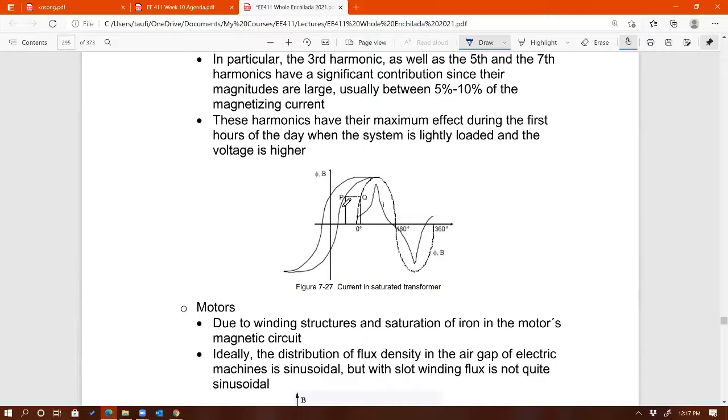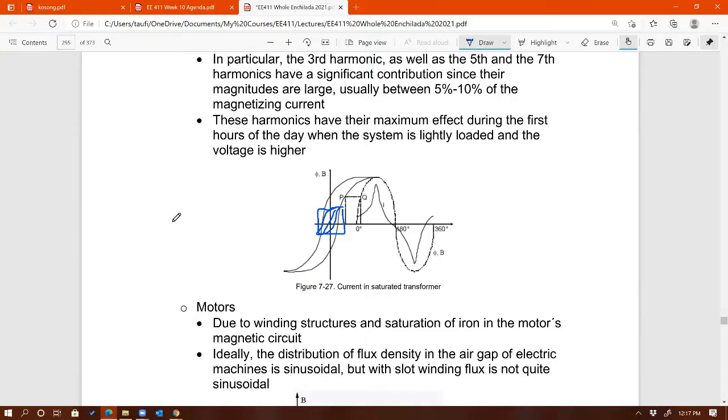You're supposed to operate the transformer along the linear region, which is right there. If it's AC, it's going to go through the positive cycle, negative cycle, and so on. As long as you operate the transformer in the linear region, you're fine. No harmonics will be produced.